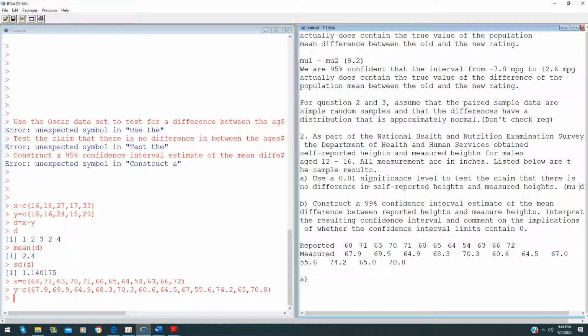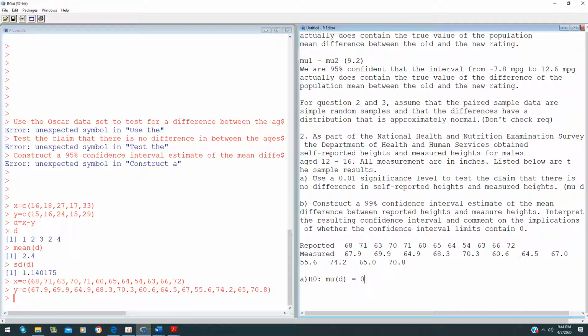So in order for us to perform a hypothesis test, you have to write the null and the alternative. Now the null hypothesis in this case is no longer mu1, mu2, p1, p2. It's going to be mu d. So in this case, you have to use mu d equals 0.